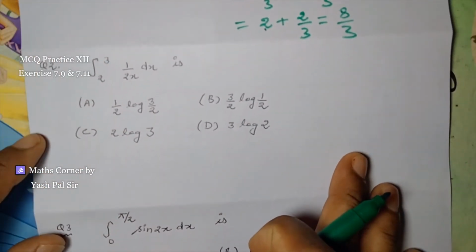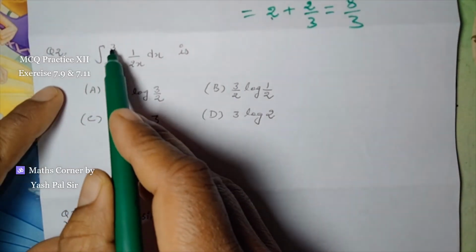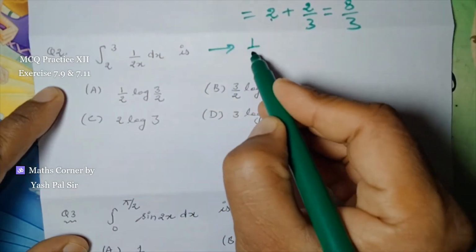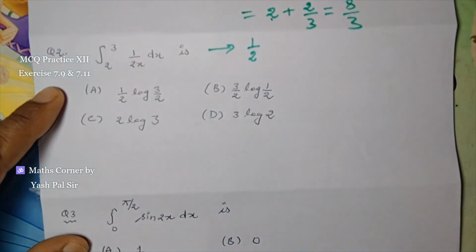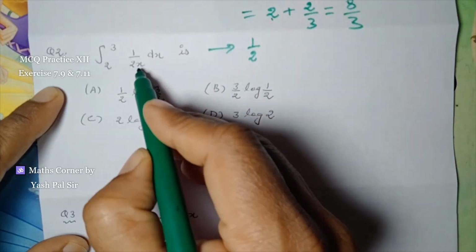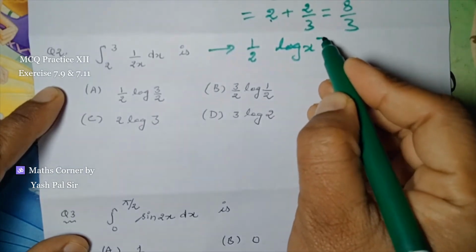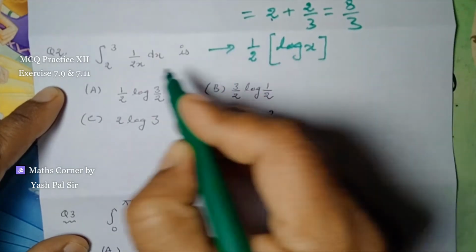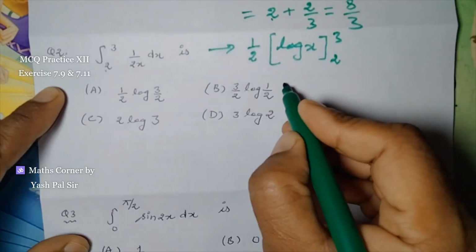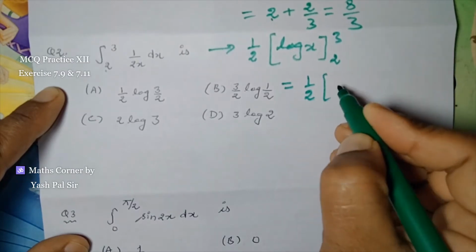Now coming to question number 2, limit is from 2 to 3, 1 upon 2 here, this is constant, so we can take this outside. Now we are left with 1 upon x. Integration of 1 upon x is log of x. So we substitute lower limit 2 and upper limit 3. So this becomes 1 upon 2 outside.